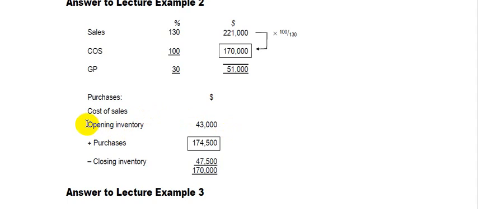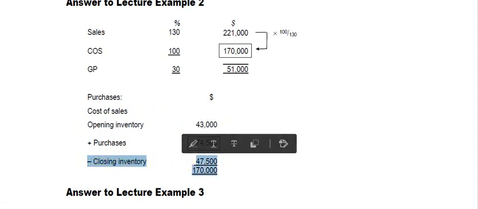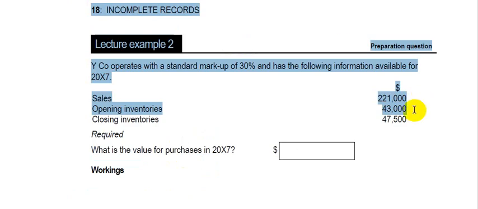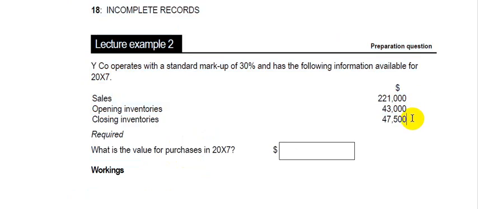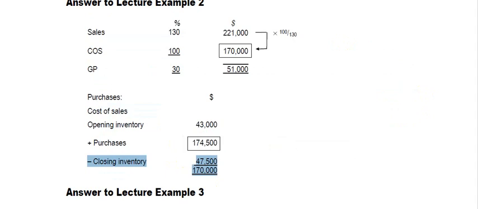So 43,000 plus the purchases which we don't know, minus the closing inventory which was given in the question as 47,500, and then the cost of sales which we calculated earlier.